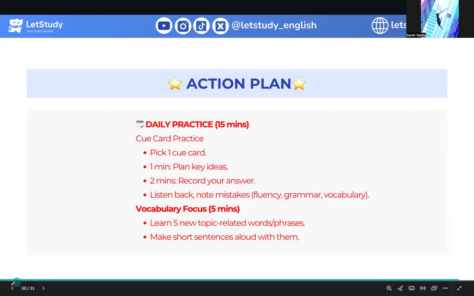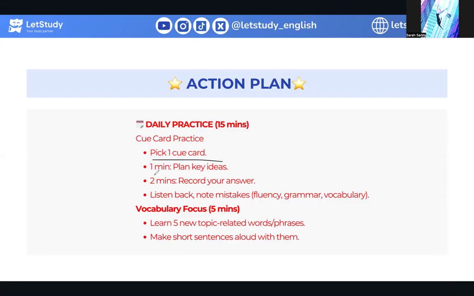Now, the action plan. An action plan you can implement in your daily life is daily practice, which is to pick one cue card, right? And plan your ideas in 1 minute and then record yourself. You can also listen back and note your mistakes in fluency, grammar, and vocabulary.